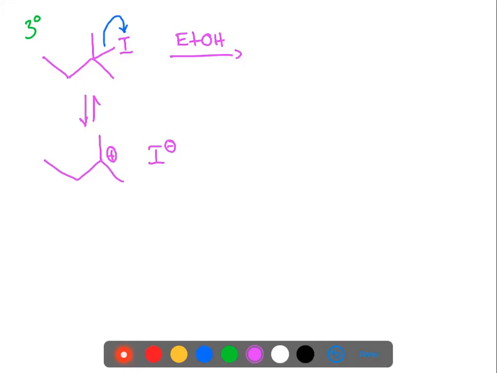So this tertiary carbocation is now open to both nucleophilic attack or a proton transfer. And at room temperature, ambient temperature, we would expect that ethanol will undergo a nucleophilic attack onto this carbocation. So we have ethanol.